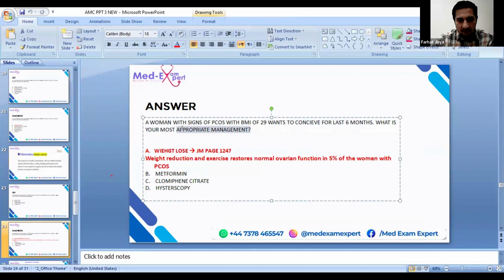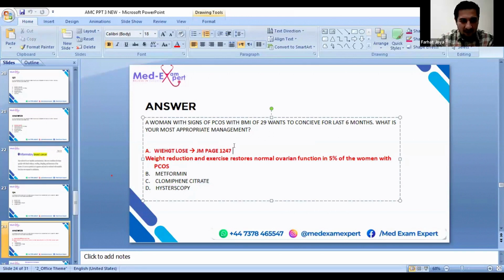Look at here. AMC is using this type of question all the time. Most appropriate, most appropriate. Because we can give metformin, we can give clomiphene citrate. Clomiphene citrate is also correct. Hysteroscopy, I'm not sure if it's correct in this case, but I don't think so. But look at here, weight loss. Look at the textbook again.